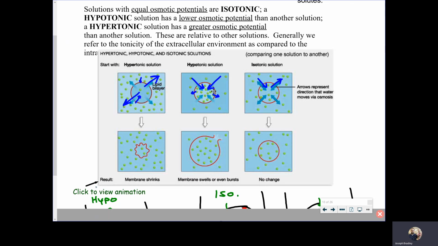In a hypotonic solution, there's going to be a lower concentration of solute outside. Hypo means low. So what you'll see is water will travel into the cell, and in many cases, it can cause the cell to explode. That's called cytolysis. Finally, in an isotonic solution, you'll have equal amounts of solute on both sides of the membrane. There would be no change in the membrane.